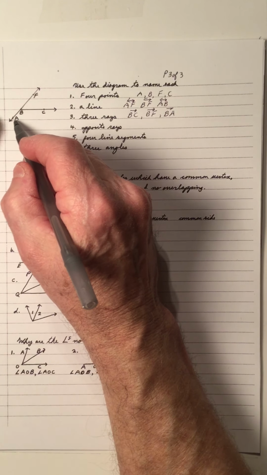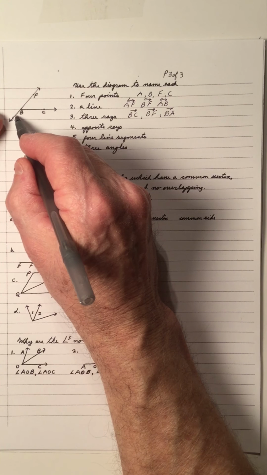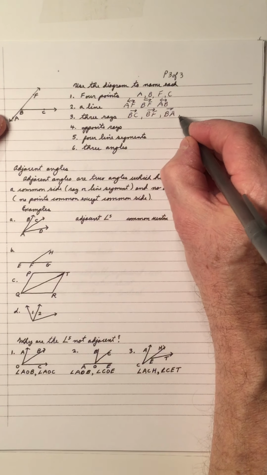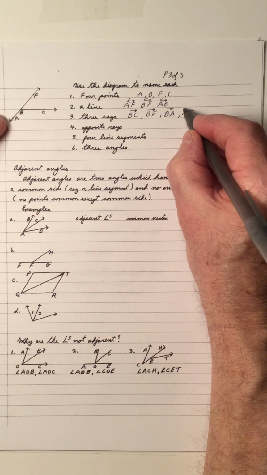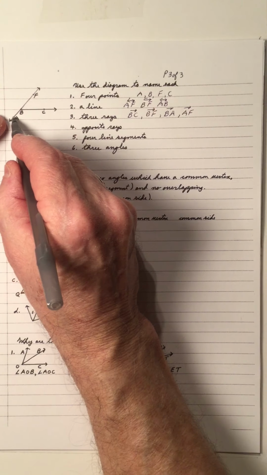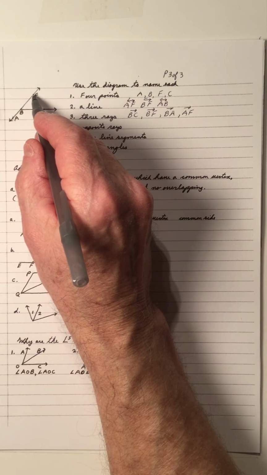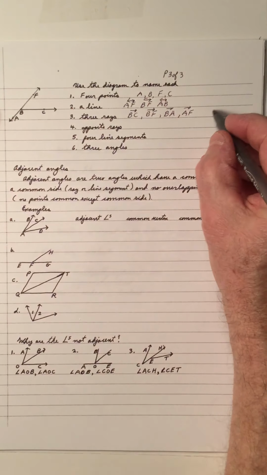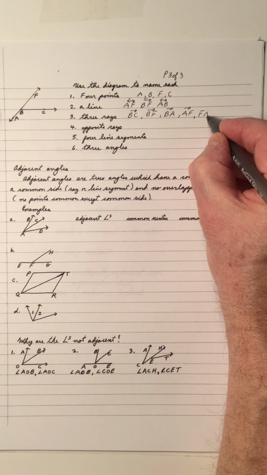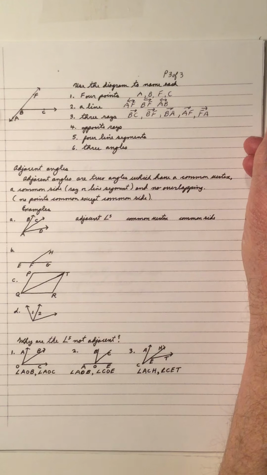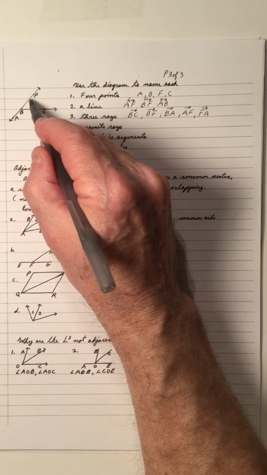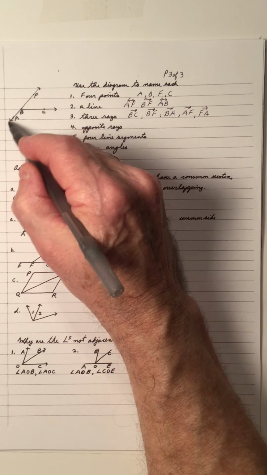If I want, I can say a ray is AF, because I have an endpoint moving in one direction. I can say the ray FA if I want. So as long as I start with a point and move continually in one direction.